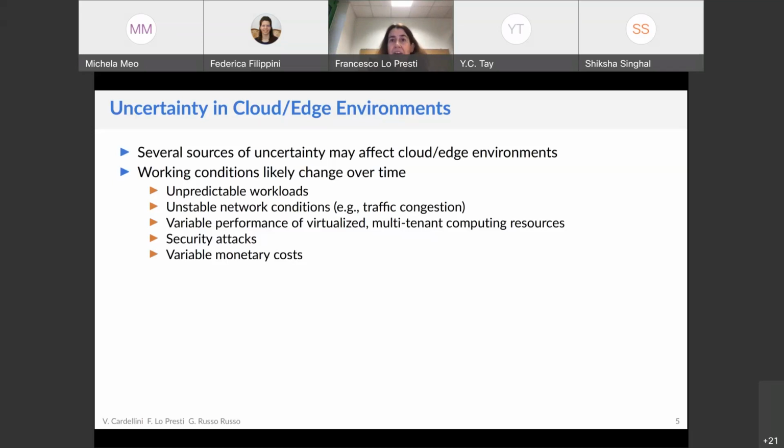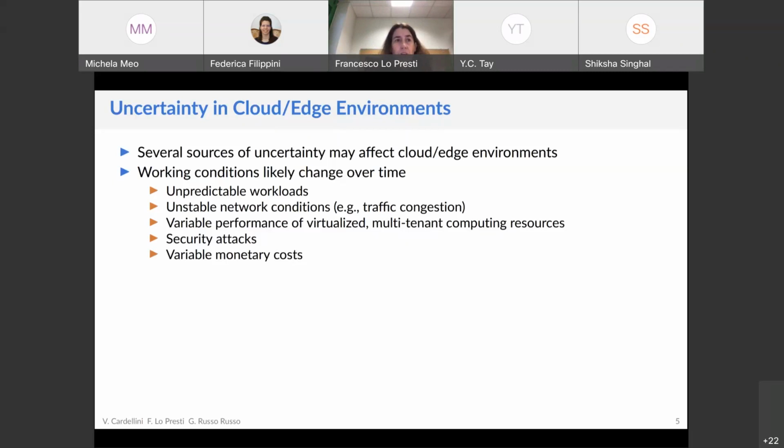You can have flapping in the network connections, so you can have unstable network conditions, for example, because of traffic congestion. You can also have variable performance of the computing resources you're using for the processing and analysis.